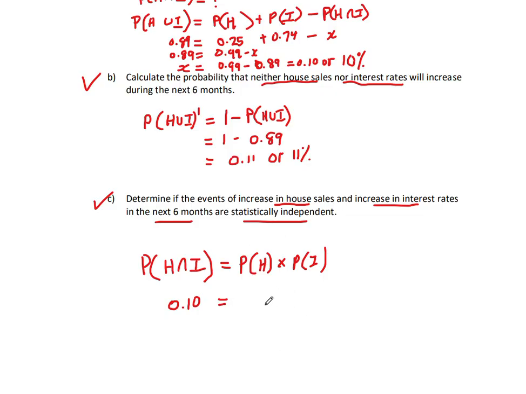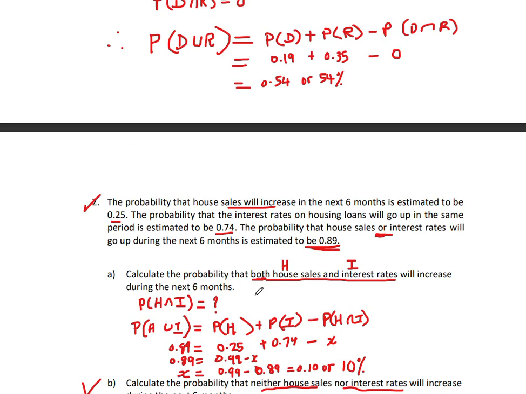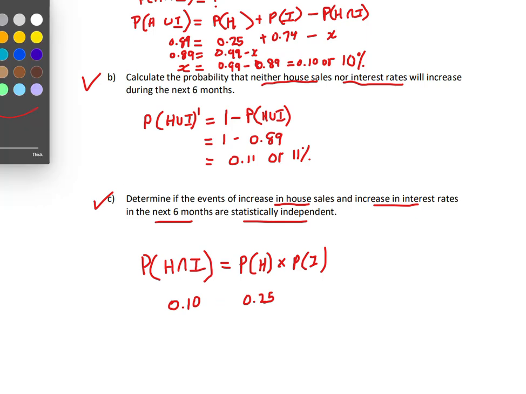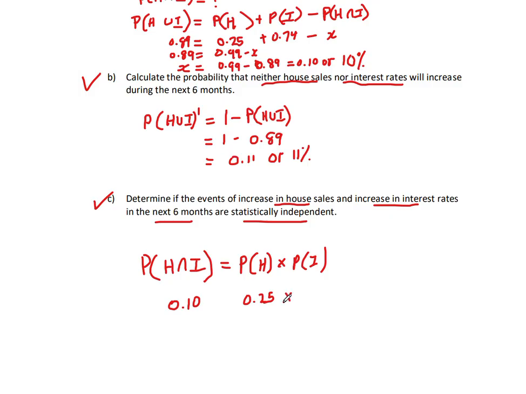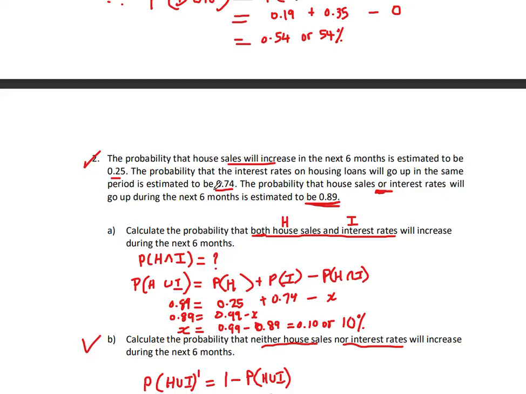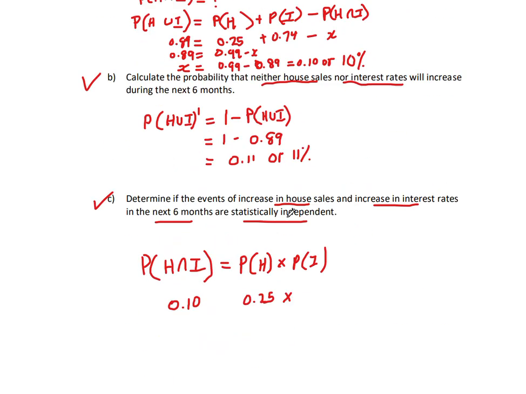We know that the probability of H, as given to us in the question, the probability that housing sales will increase, is 0.25. What we want to establish is whether the right-hand side of the equation will equate to the left-hand side. So this is another way of mathematically establishing whether two events are independent of each other. And the probability that interest rates will go up was given to us in the question as 0.74.